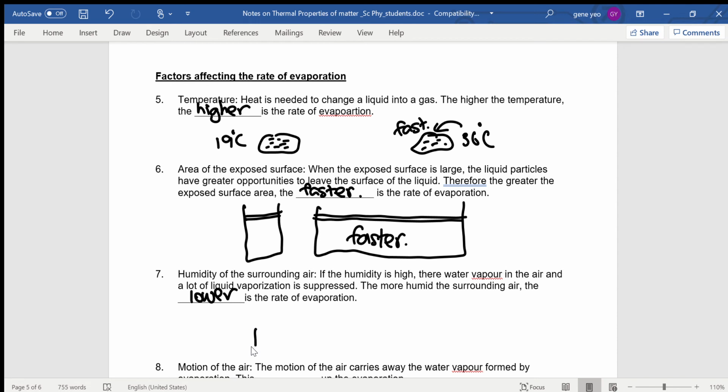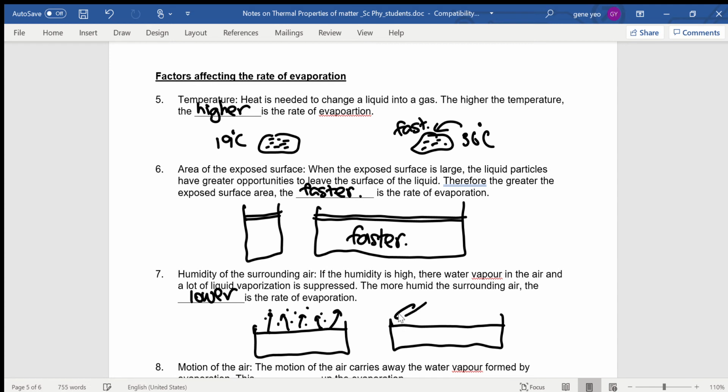Humidity. The more humid the surrounding air is, the lower the rate of evaporation. Think of it this way. If I've got a container with very low humidity, the space for the liquid to enter the atmosphere as a gas is higher compared to, let's say, Singapore, where the humidity is so high there's literally no space at all for the particles to enter the atmosphere.